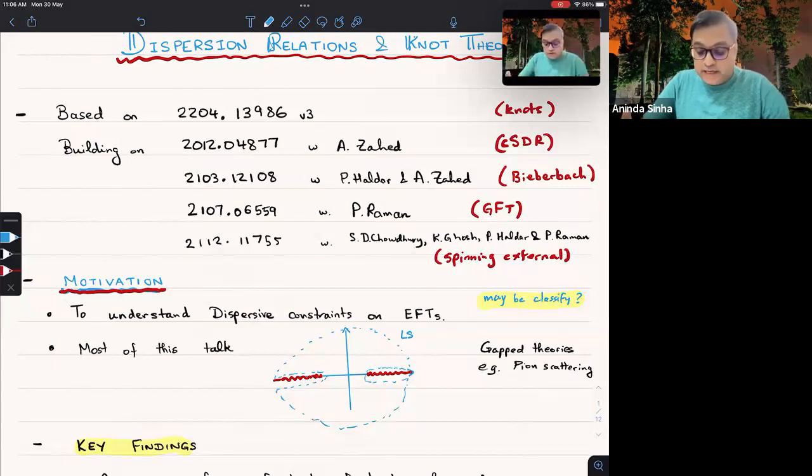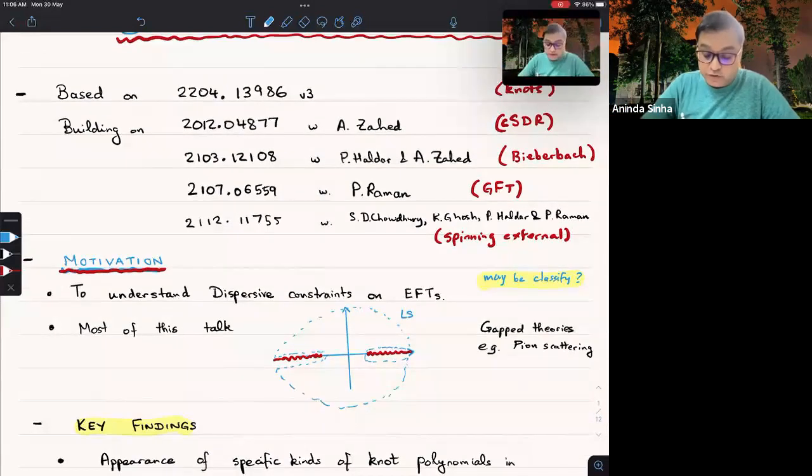So we wanted to understand the origin of the two-sided bounds in our own way using this crossing symmetric dispersion relation. There were a couple of papers written with my graduate student Parthiv Haldar and Ahmadullah Zayed, which were based on the famous Bieberbach conjecture in mathematics.